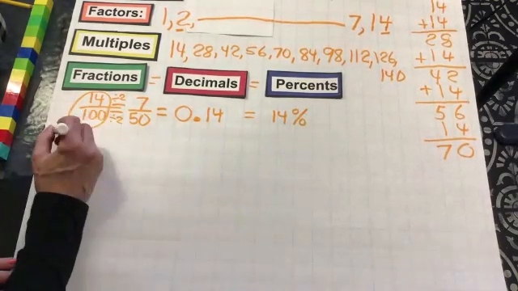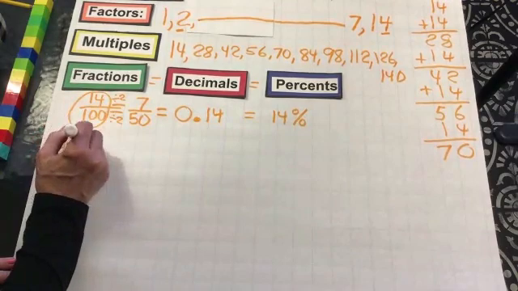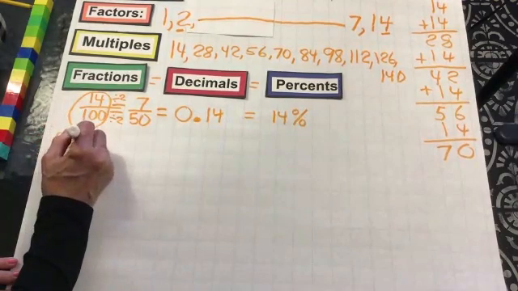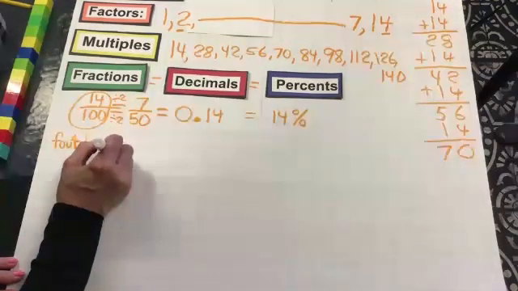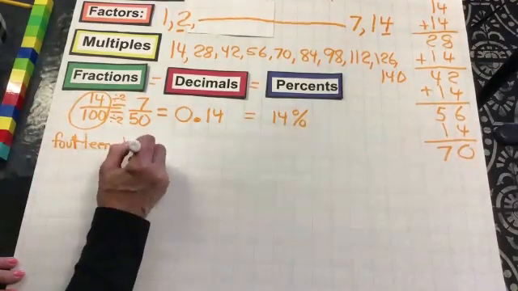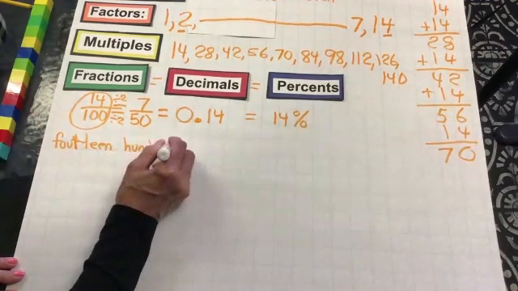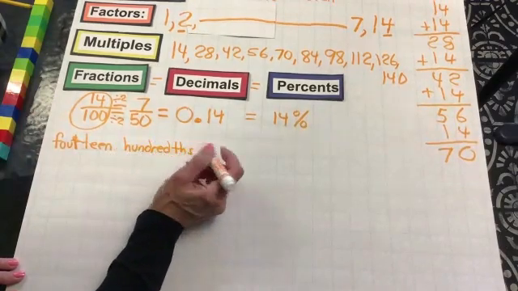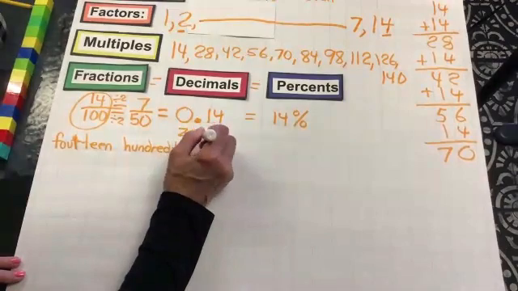All right, let's write it out. So this would be 14. Remember, don't erase, just goof it up. 14 hundredths with the good old TH because it's part. And this would be 0.